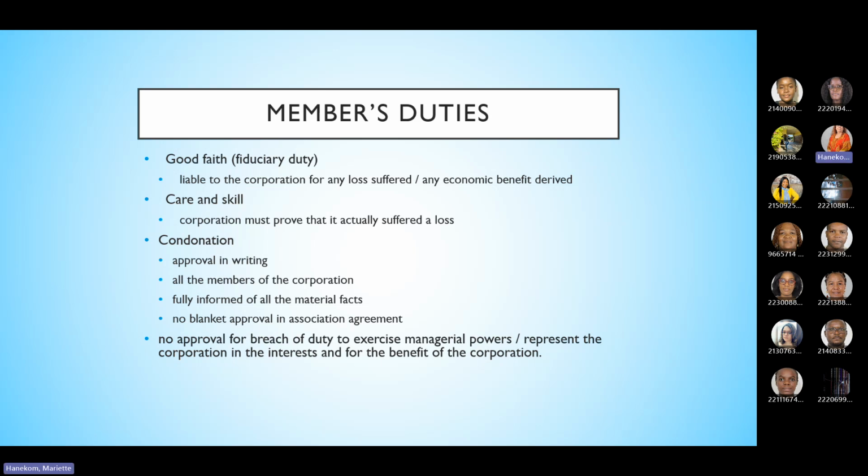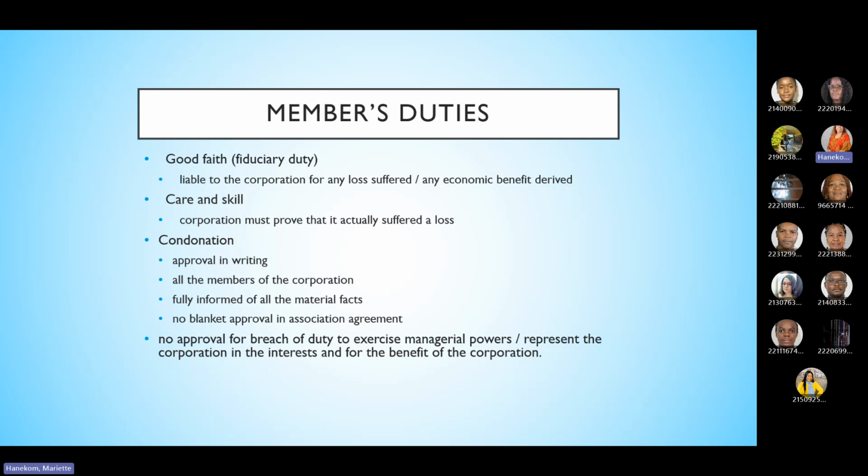In the event of a particular member having breached either the duty of good faith, but more specifically the duty of care and skill, the other members can decide not to claim, to condone, to forgive this member.